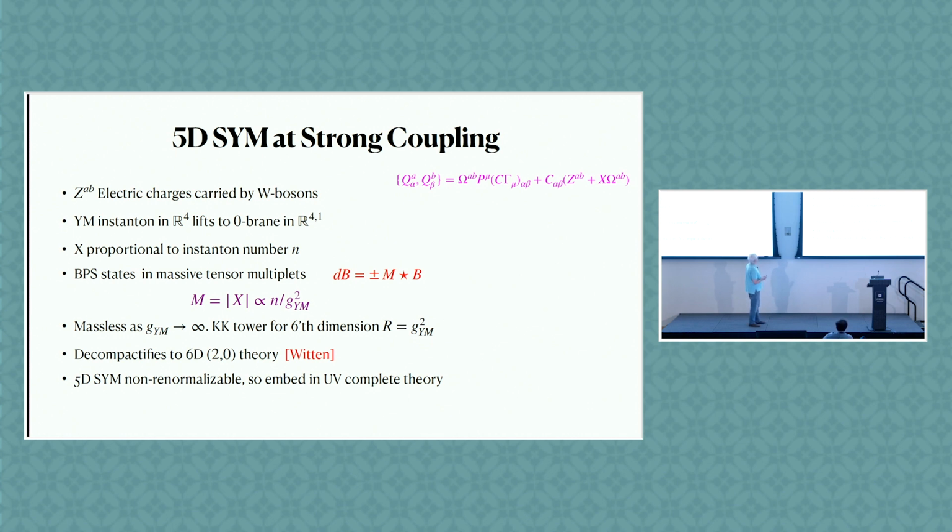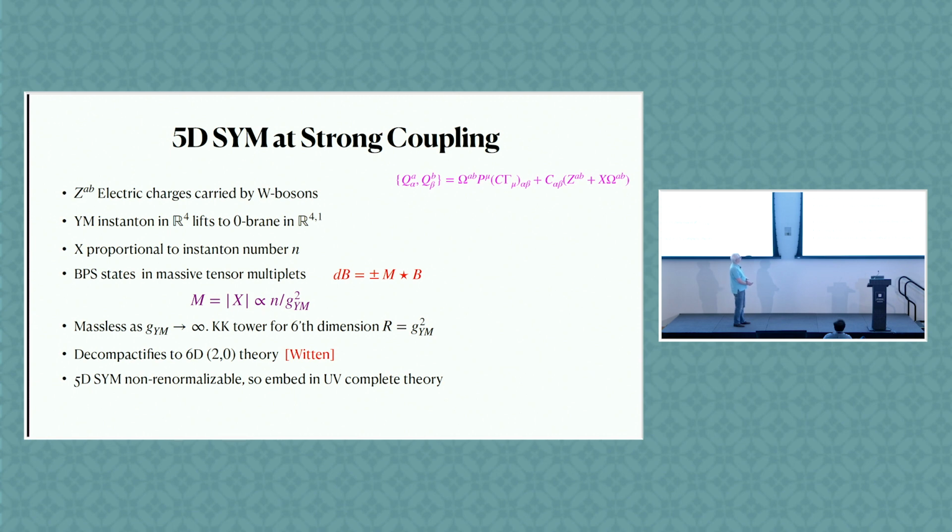These BPS states are in massive tensor multiplets, where you have a two-form satisfying in 5 dimensions a massive self-duality condition, where the mass is given by the central charge, which is the instanton number, an integer, divided by the Yang-Mills coupling squared, which is dimensionful in 5 dimensions, and some 2s and pis which I'm suppressing. And so these become massless as the Yang-Mills coupling tends to infinity.